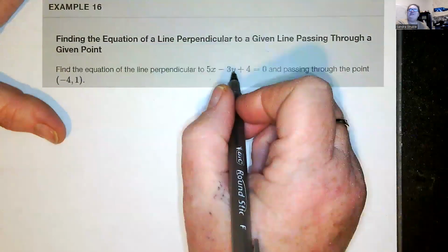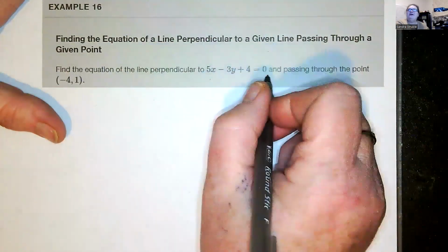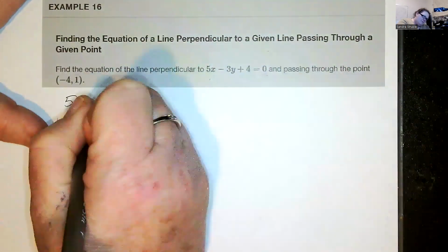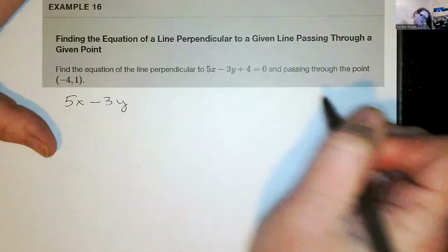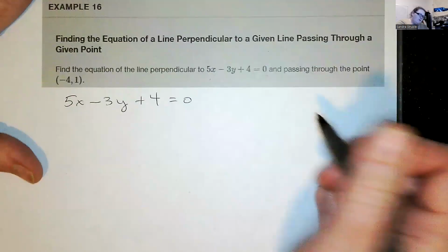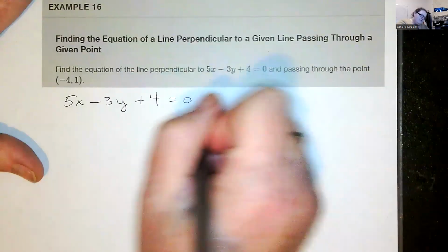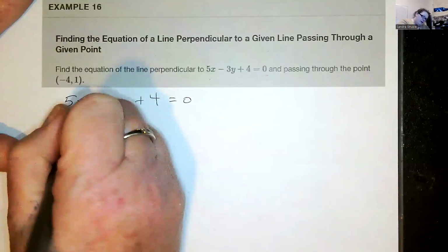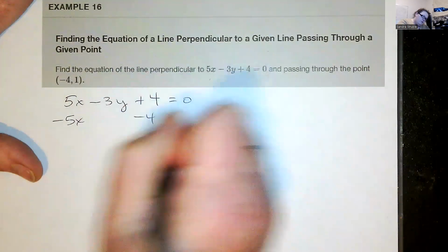So what we have to do is solve for y on this one again. So 5x minus 3y plus 4, it looks so close, equals 0. Just solving for y. So subtracting 4 from both, subtracting 5x from both.